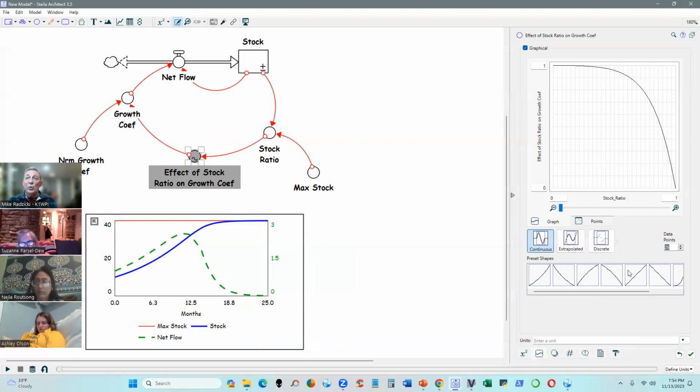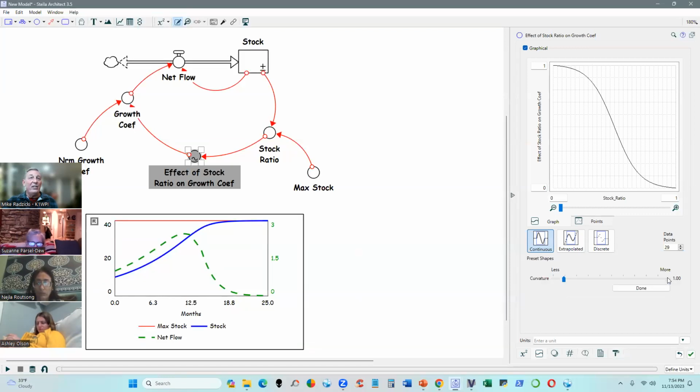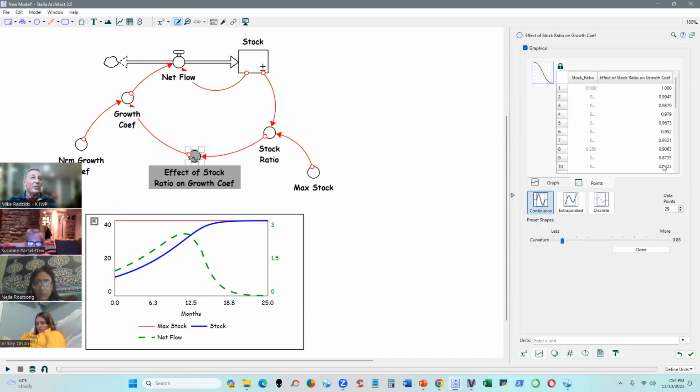The other thing that's cool is you can pick canned functions if you want, and you can make them more or less aggressive at your will. You don't have to type in all these ordered pairs here. But if you're replicating somebody else's model or putting in actual data, you've got to type all this in or copy and paste from Excel in here.